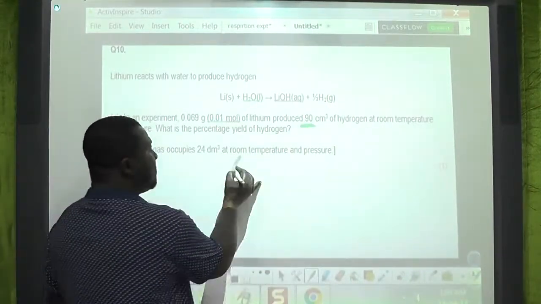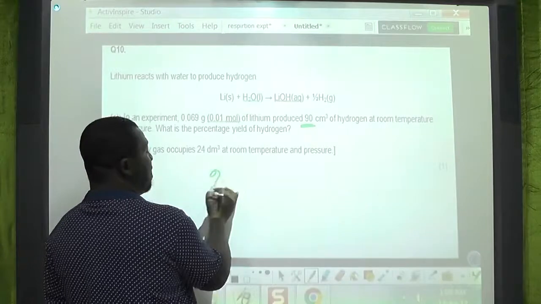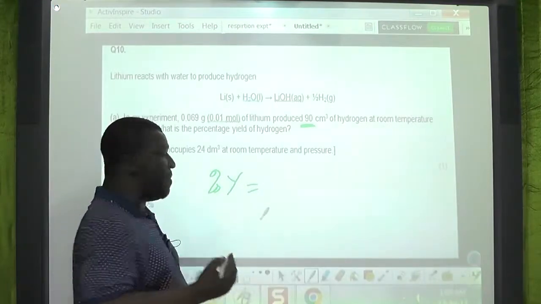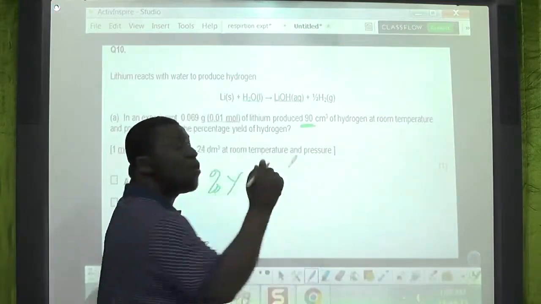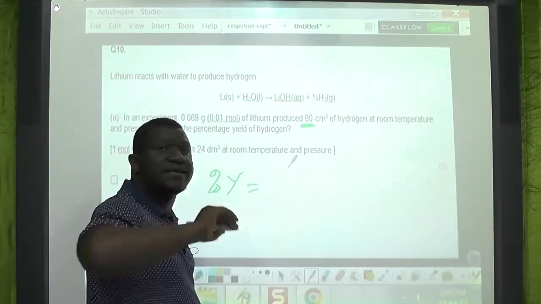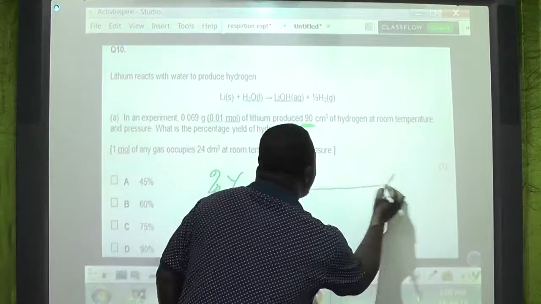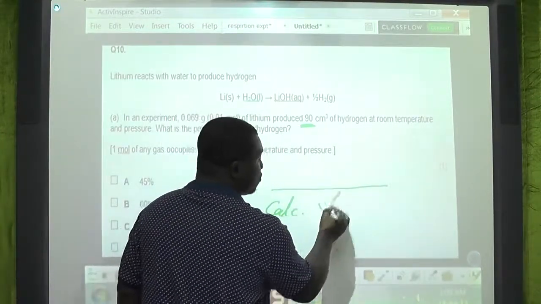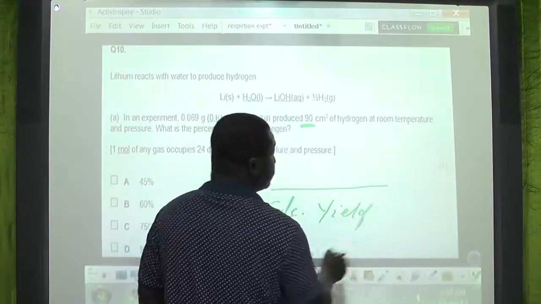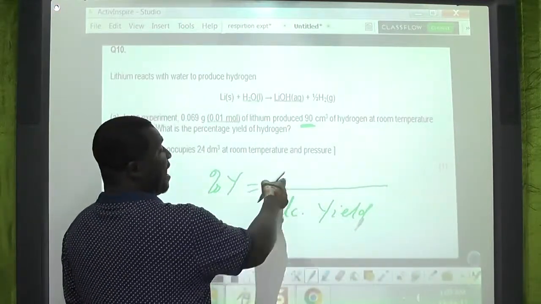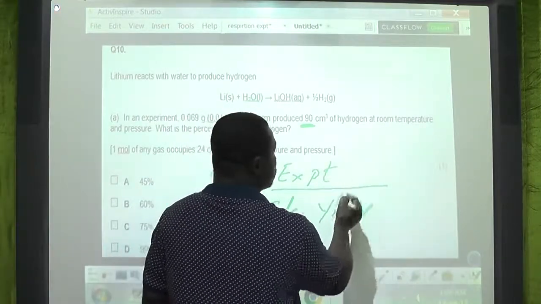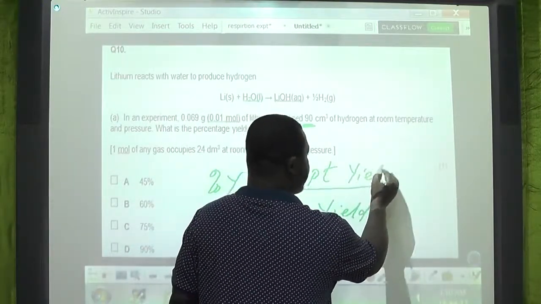Let's leave it there. Percentage yield, we know it has a formula. From the percentage yield video you remember, percentage yield equals experimental yield over calculated or theoretical yield, multiplied by 100%. The calculated or theoretical yield will be down here, and the experimental yield, what you get from the experiment, will be here.